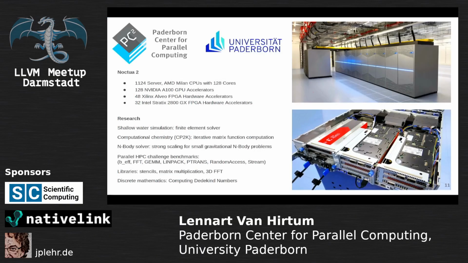A little more word about PC Squared. So this is my home turf. Up there is our beautiful Noctua 2. She has 1,100 servers with 128 cores each, 128 GPUs, and then critically, because barely any other compute centers in Europe have this, Noctua 2 has 80 state-of-the-art acceleration FPGA cards.